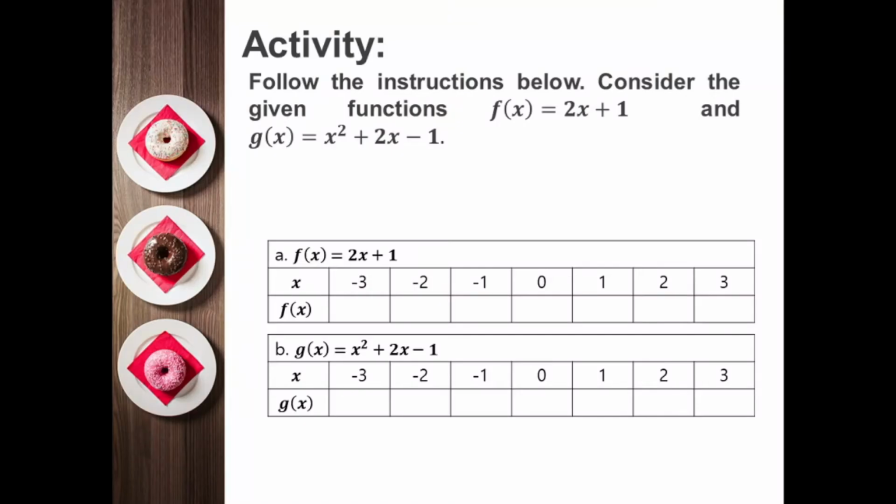Let us have another activity. Follow the instructions below. Consider the given functions f of x is equal to 2x plus 1 and g of x is equal to x squared plus 2x minus 1. So what kind of function is f of x?